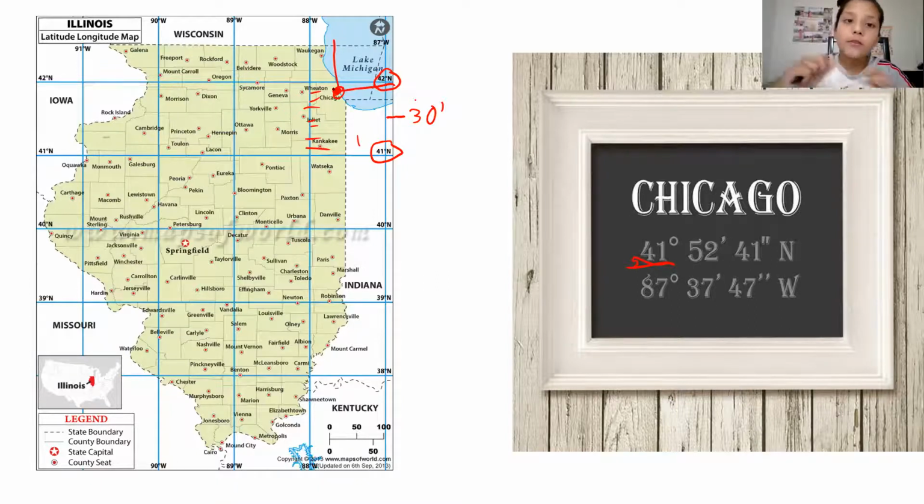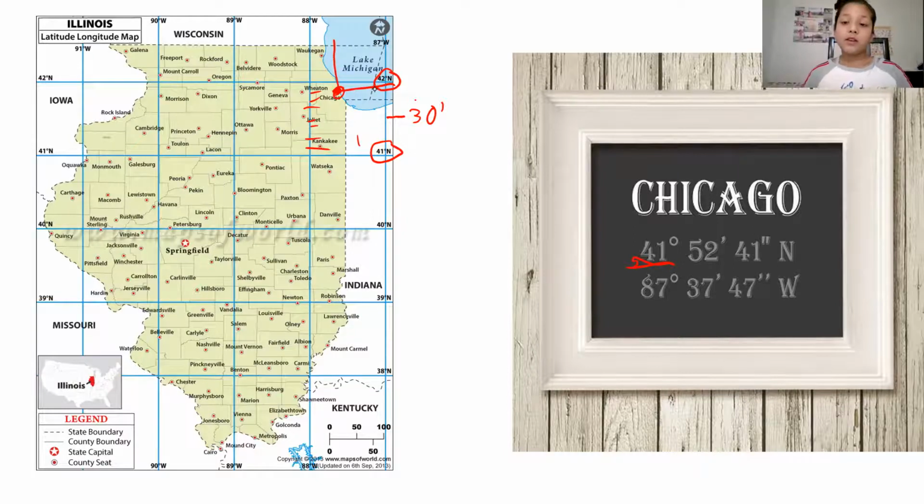So if we divide the 42 degree line into 60 equal parts, if it was 60 minutes, it'll become 42 degrees. But as we know, Chicago is not quite at 42 degrees. So it's less than 60 minutes, but more than 30 minutes.